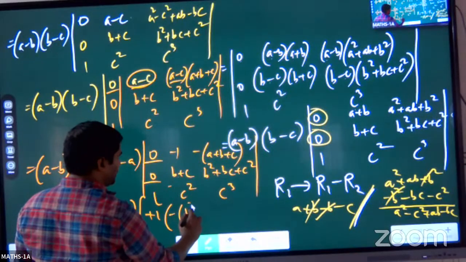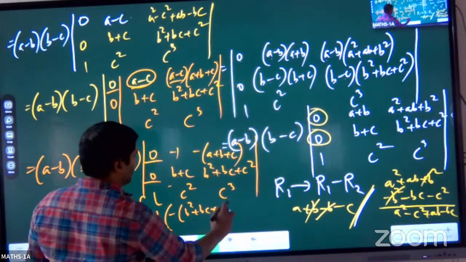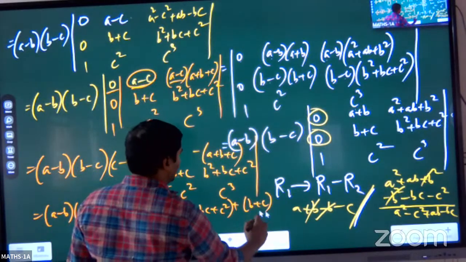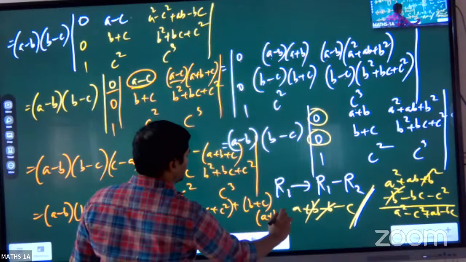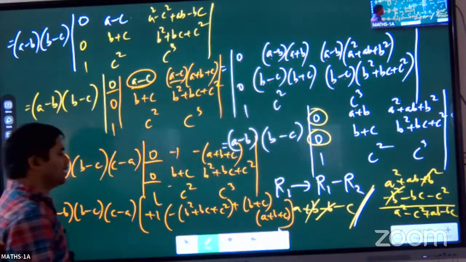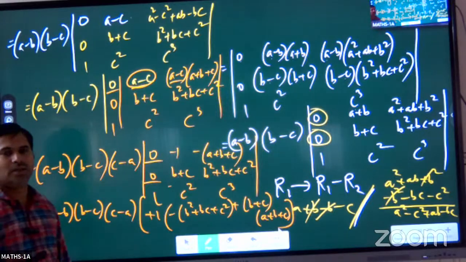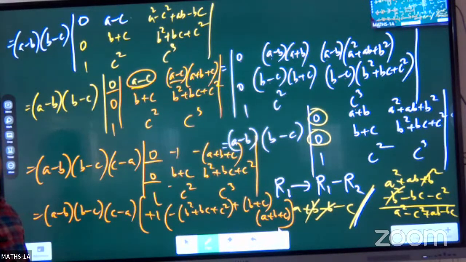So minus of b square plus bc plus c square, minus into minus plus b plus c into a plus b plus c. Now simplify this, you will get your required answer. Okay, you do the simplification part. Still, if you don't get it, you can just refer, or tomorrow you can see the things. Okay, right. Tomorrow, so maximum your determinant sums are done. And tomorrow I'm going to do matrix inversion, consistency.